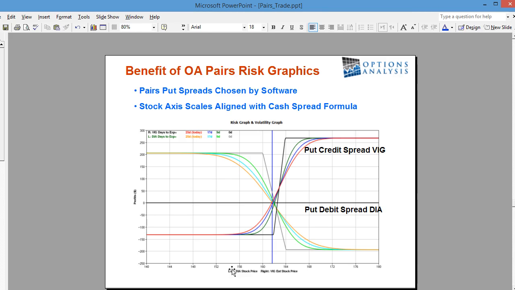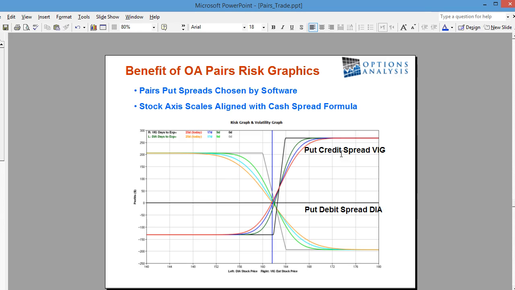We know the A-B values. The Diamond stock prices are the Y values in the cash spread formula. To find what the corresponding X values should be, we simply use the cash spread formula to solve for X given Y. Knowing each of these X values, we can go into the put credit spread for VIG and find out what the risk value is that corresponds to that X value, and then put that risk value point on this chart, connecting all the risk value points with these curves.